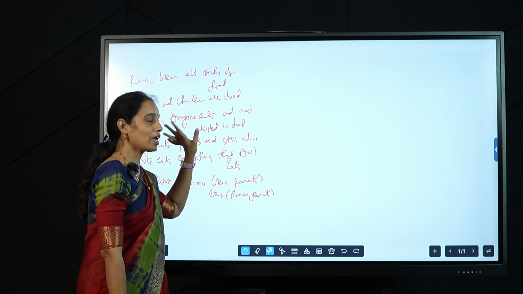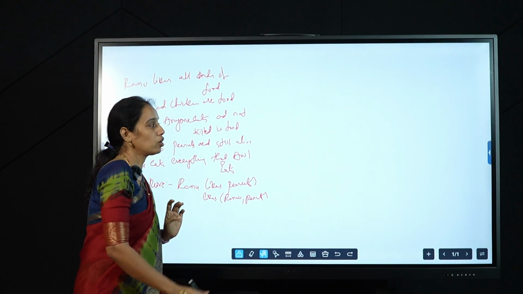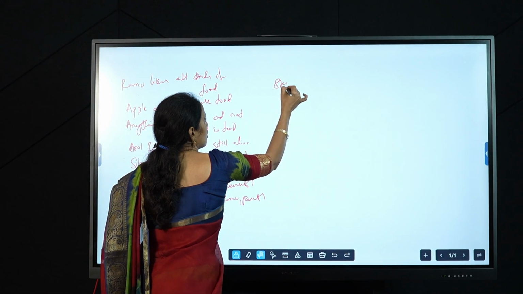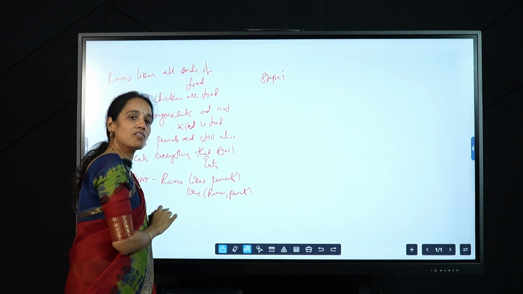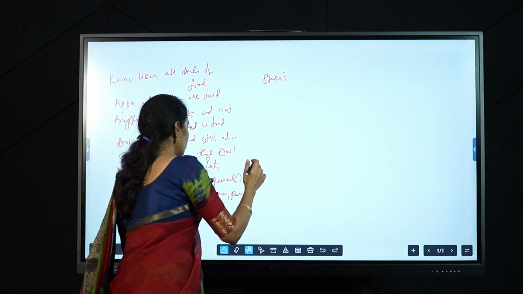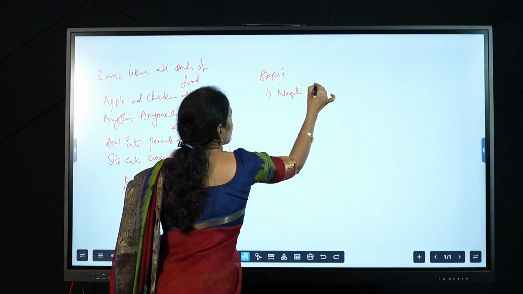When we make use of resolution to prove something like this, we need to follow some steps. Let us first discuss the steps to be followed to find whether a conclusion is valid or not. The first step is to negate the conclusion statement.